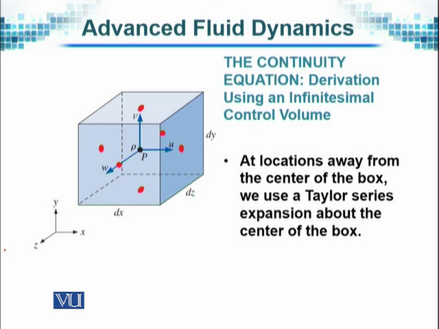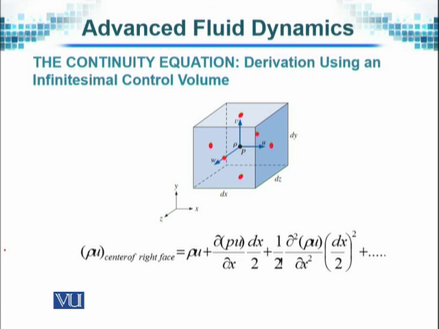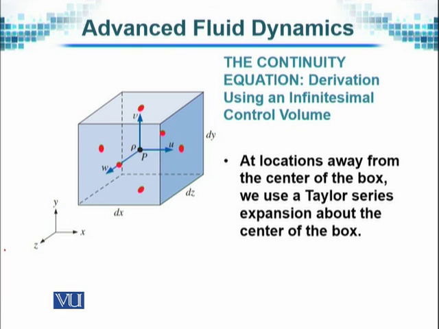So similarly, here also, about the point P, we try to expand the Taylor series and try to find out the components that occur. You will see from this box that there will be 6 faces altogether where the fluid motion is taking place. The fluid is coming in, the fluid is going out, and we have to see the change in the fluid in that small change in time, delta t.